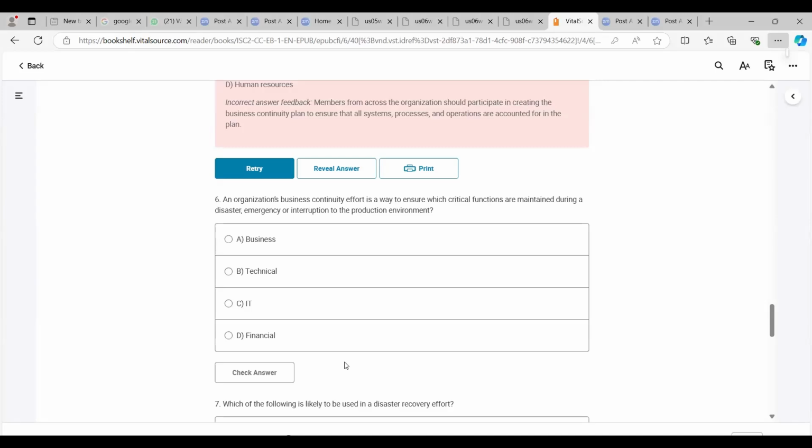What's the answer? An organization's business continuity effort is a way to ensure which critical functions are maintained during a disaster, emergency, or interruption of the production environment.